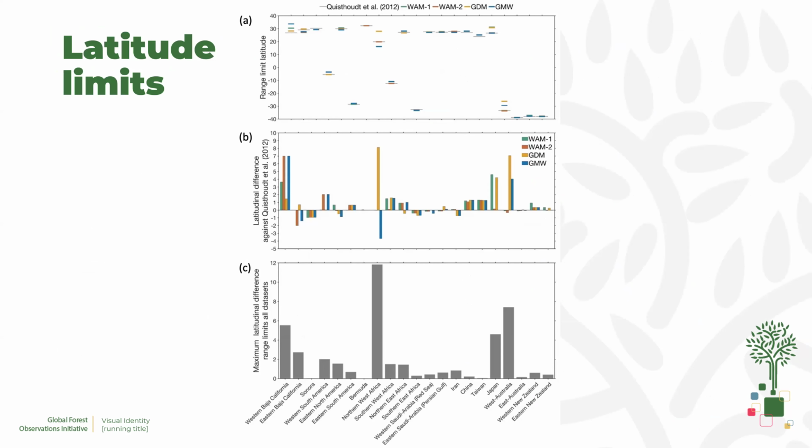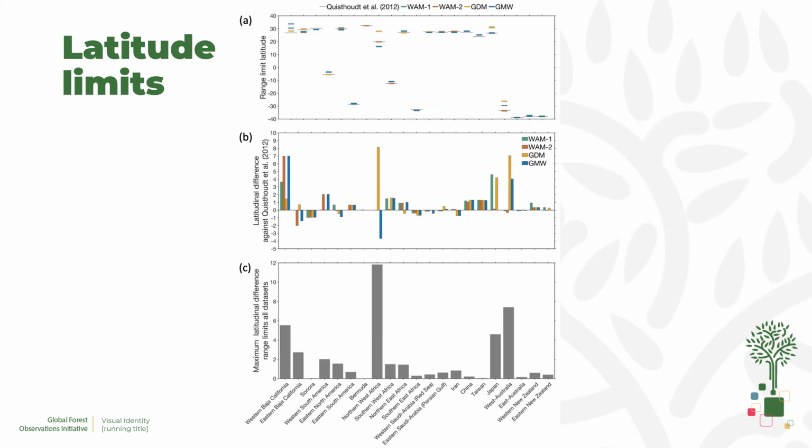You can see that they have slight differences in the limits. And here we show the latitudinal limits that we can compare. In the second panel, B, we see the difference between the maps and Catherine's work. So we see that there is a big difference among the maps.